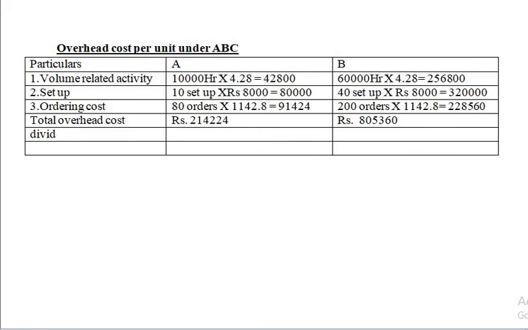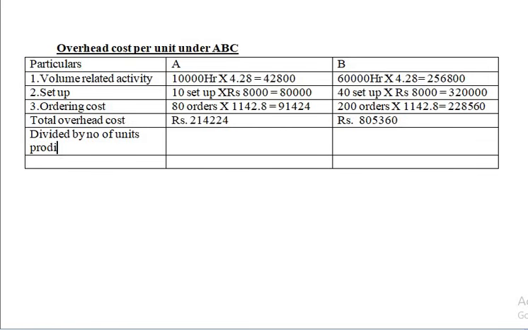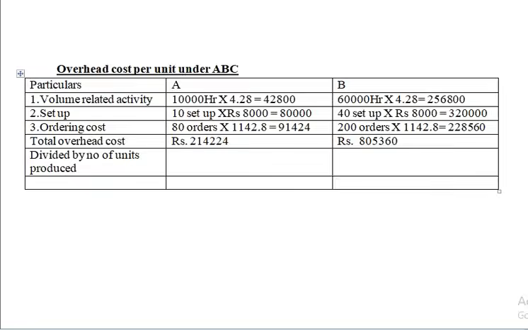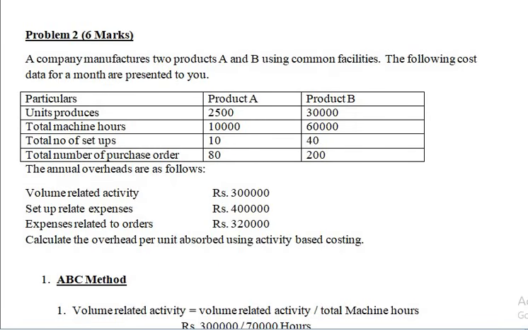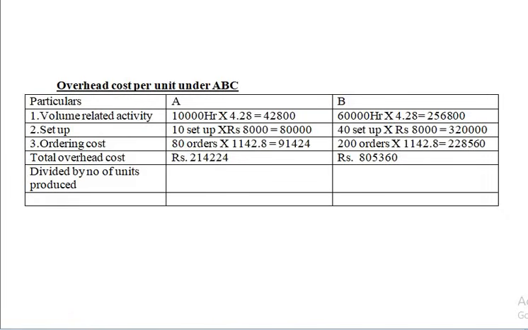So divided by number of units produced. The total number of units produced under product A is 2,500 units and product B is 30,000 units.